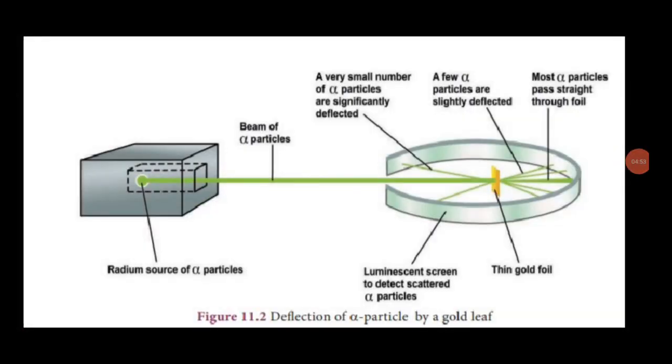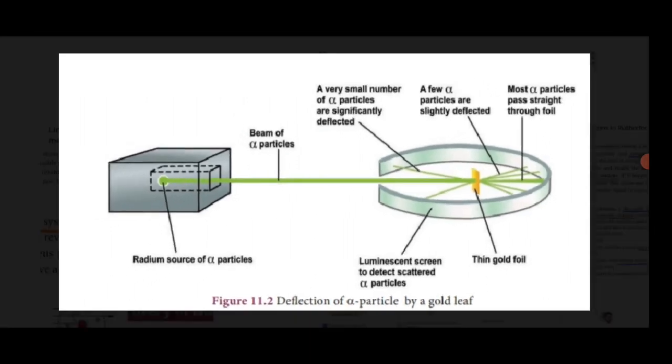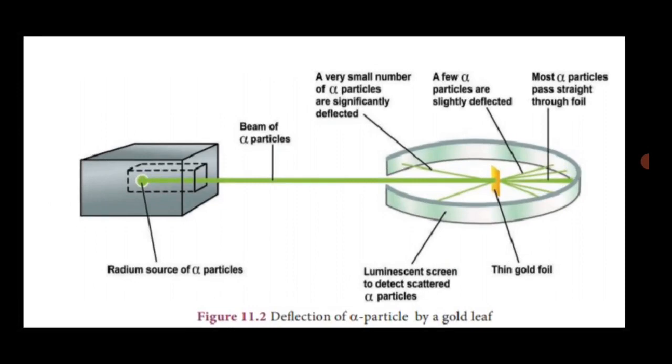Later, Rutherford generalized the results of this alpha particle scattering experiment and suggested the model of the atom that is known as the Rutherford atomic model. Which experiment is this? The Rutherford scattering experiment, the deflection of alpha particles by gold leaf.